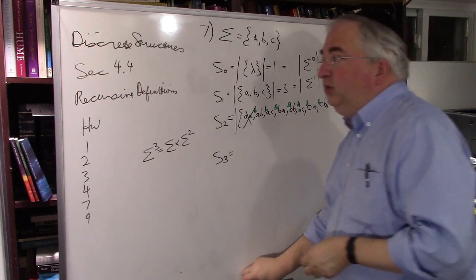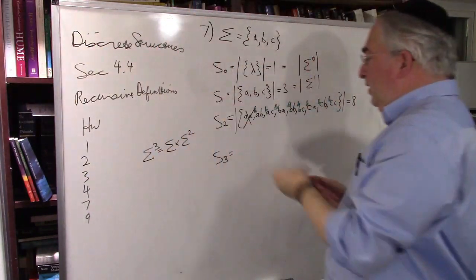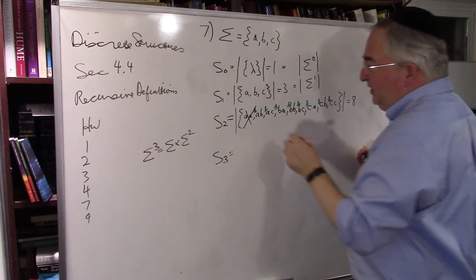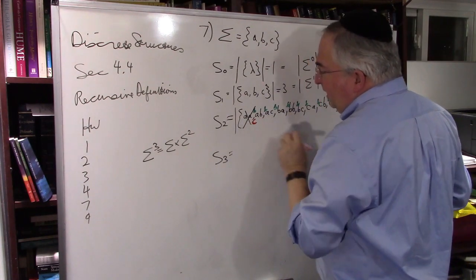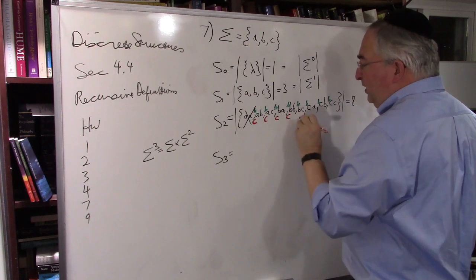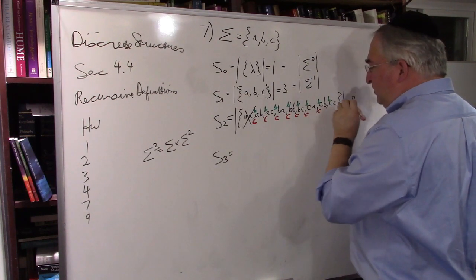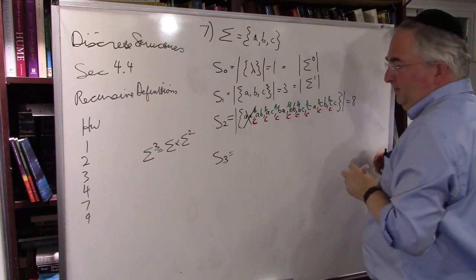What else can I do? Well, I can also put a C here. So I get CAB, CAC, CBA, CBB, CBC, CCA, CCB, CCC.